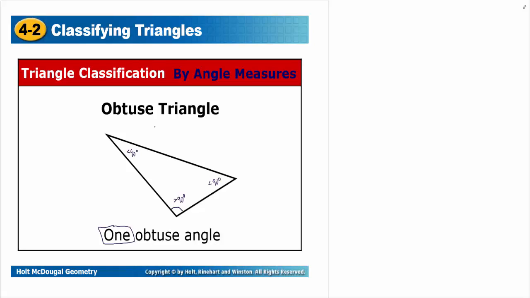So if you have anything over 90, you can't have anything else over 90, or else you'd already be above 180 degrees. So only one obtuse angle makes an obtuse triangle. Please don't start thinking you need three obtuse angles. That's impossible. So those are your triangle classifications by angles. Again, as you notice, there are 4 of them.